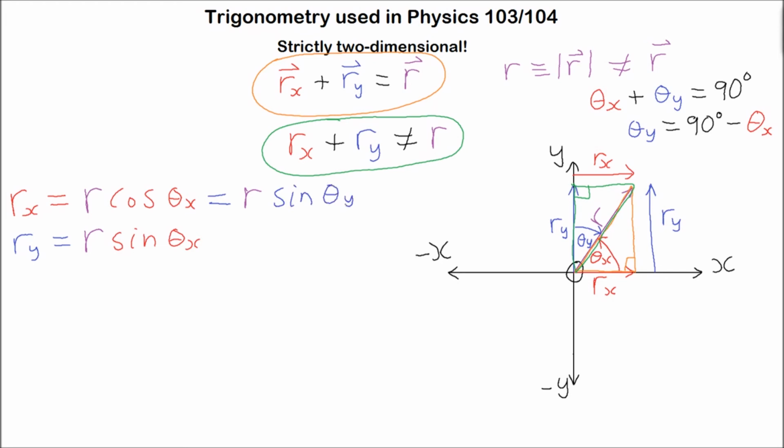It's separate from the theta y angle. And similarly, you can see that the vector Ry in the green triangle is connected to theta y. So Ry equals the length of vector R cosine theta y.